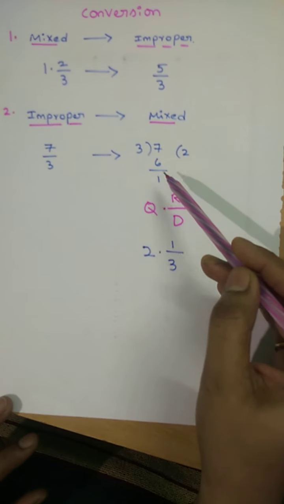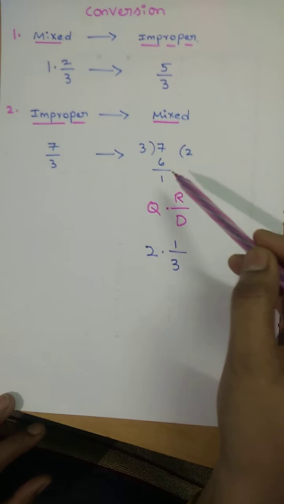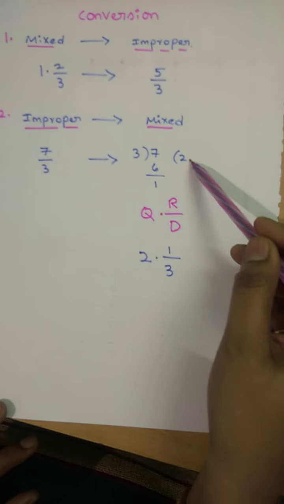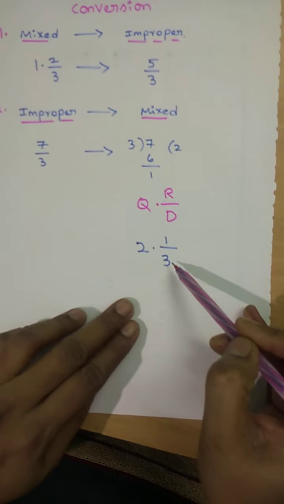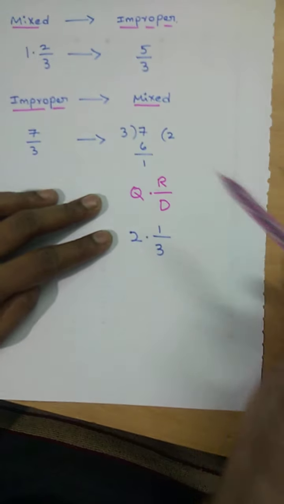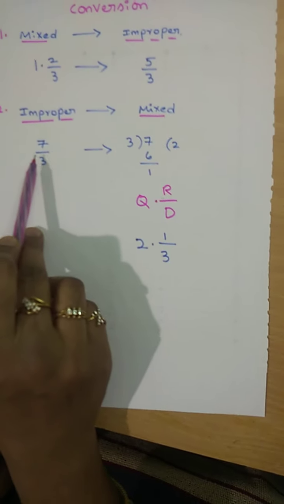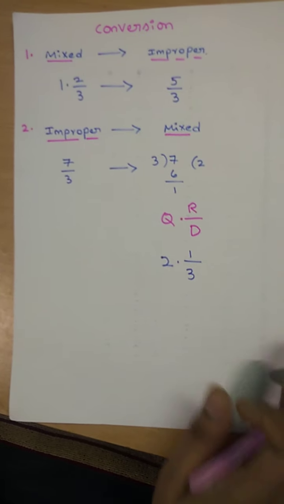So 2 is the quotient, 3 is the divisor and 1 is the remainder. This is the formula. So easily we can convert a mixed fraction to improper and improper to mixed fraction.